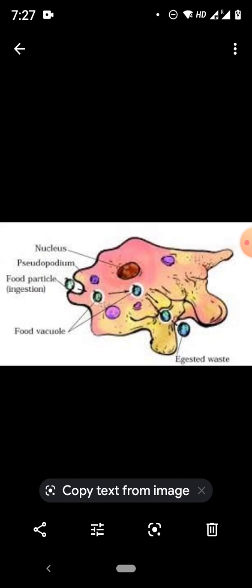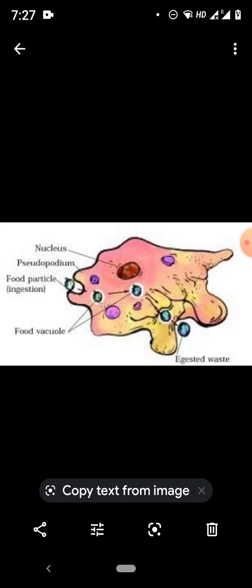And how the digestion takes place, I'll explain to you. Amoeba has a finger-like projection called pseudopodia, or false feet. It helps in movement as well as in capturing the food.